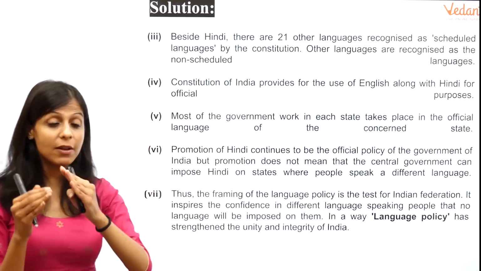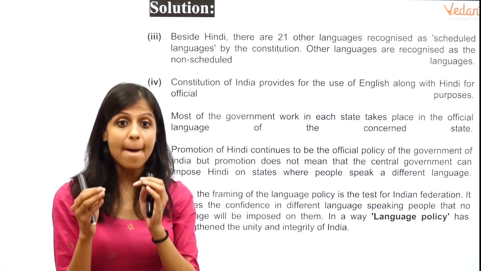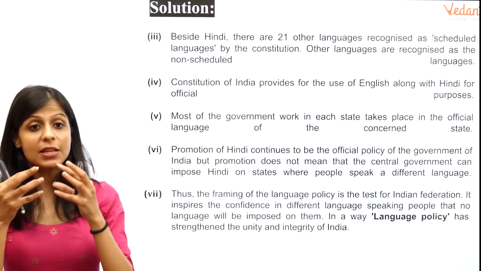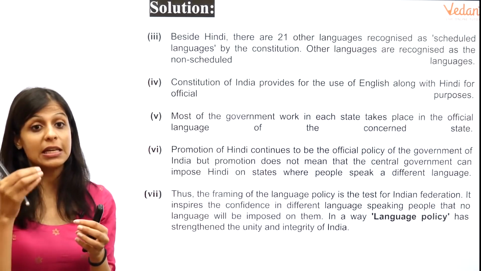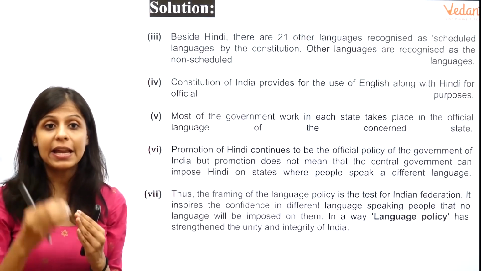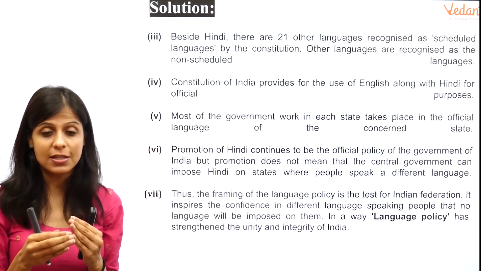Though the states have been divided on linguistic lines, the framing of this language policy yet tested India's spirit of federalism once again.